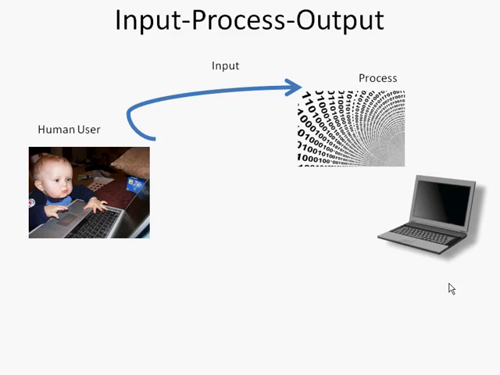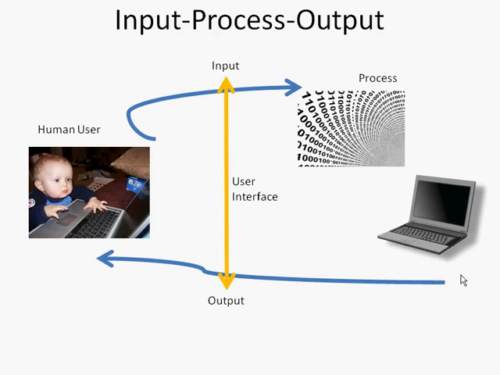At this point, that data gets processed and some output goes back to the user, usually in the form of something on the screen, or maybe some audio, sound, or maybe even something like a printout. At the points where the user inputs data and gets information output to them, we have this thing called a user interface, signified by the orange arrow there on the diagram.